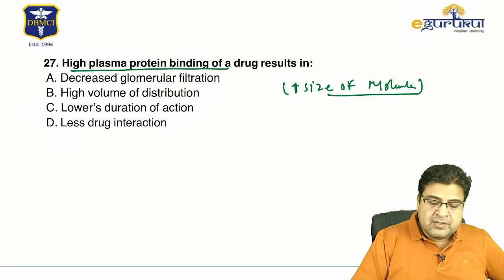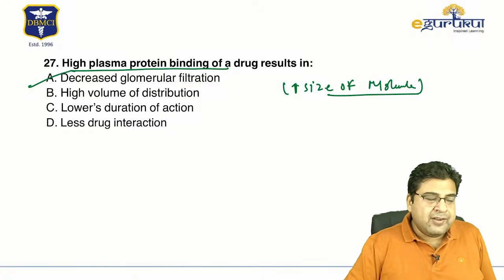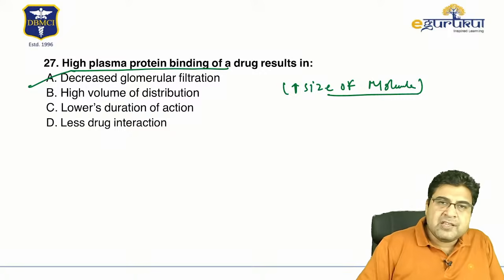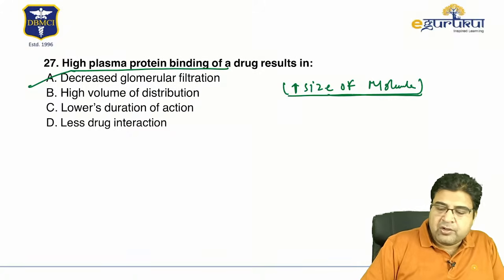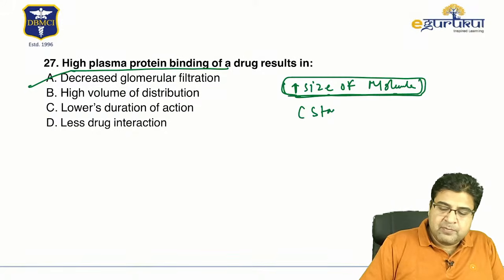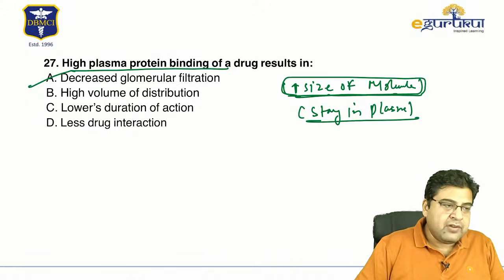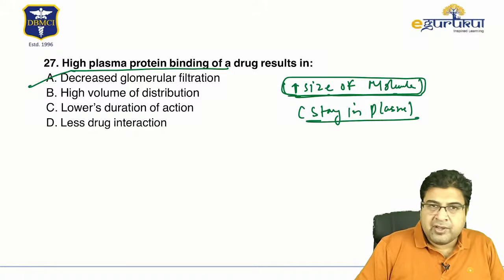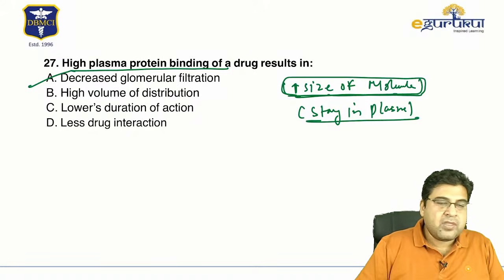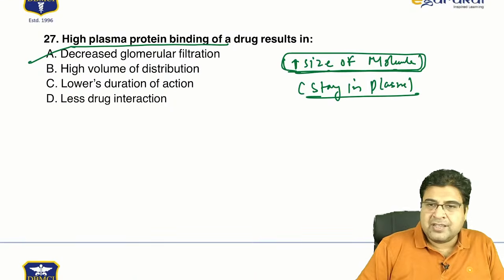And this medicine is also not available for filtration in the kidney. So the drug will stay in the plasma for a long time, and it is not available for filtration. Question 27, answer is A.